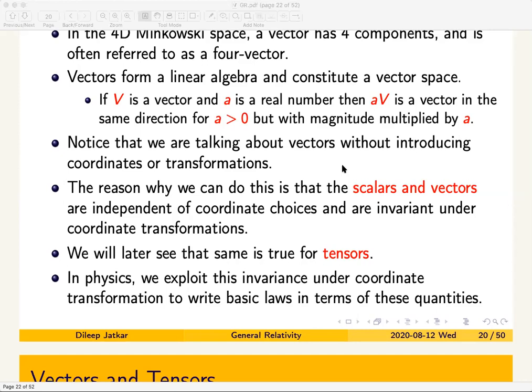On the other hand, there are quantities which do depend on coordinate systems, and we exploit those also by saying that I choose an appropriate coordinate system in which that object becomes simple, so that we can do a calculation by setting that object to a simple expression, or sometimes even to 0. And then once you compute that result, you could generalize it to any other coordinate system by just doing a coordinate transformation.